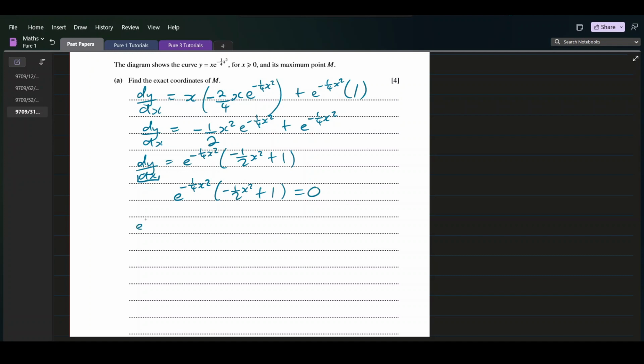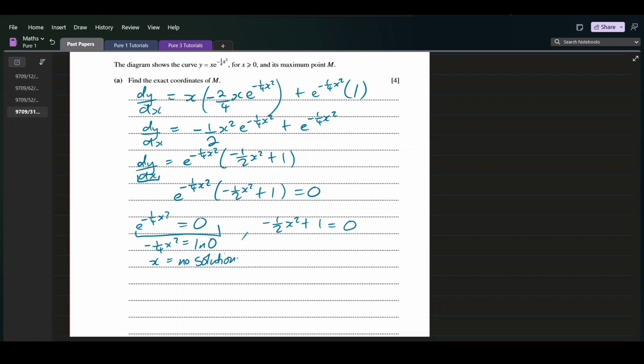So this becomes e to the negative 1 over 4 x squared is equal to 0, and negative 1 over 2 x squared plus 1 is equal to 0. So to simplify this equation, we have to apply the natural logarithm to both sides. So that becomes negative 1 over 4 x squared is equal to ln 0, and ln 0 does not exist, so that means there are no solutions.